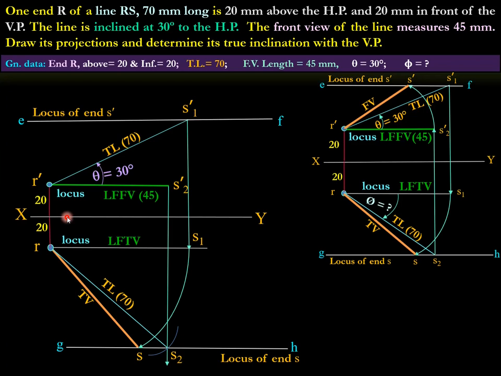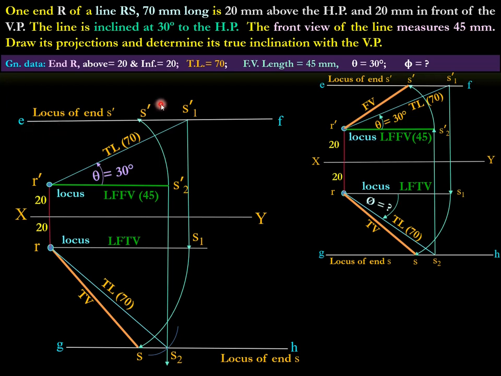Finally, we need to obtain the position and orientation of the final front view. With R dash as center and R dash S2 dash as radius, that is the length of the final front view, which is equal to 45 mm, draw an arc in the upward direction to intersect with the topmost locus line.